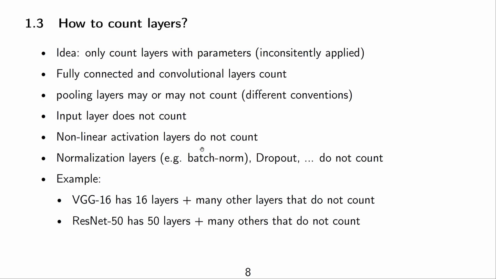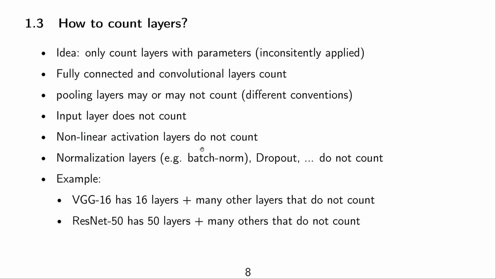Then nonlinear activation layers do not count. So we're not counting ReLU or tanh or leaky ReLU. Also, if there's something like a parameterized leaky ReLU, the expectation would be that this is generally not counted, even though this layer might have a parameter.